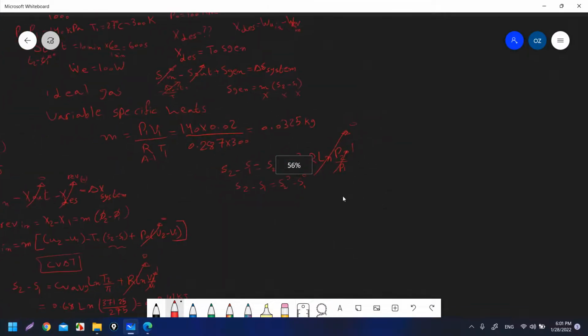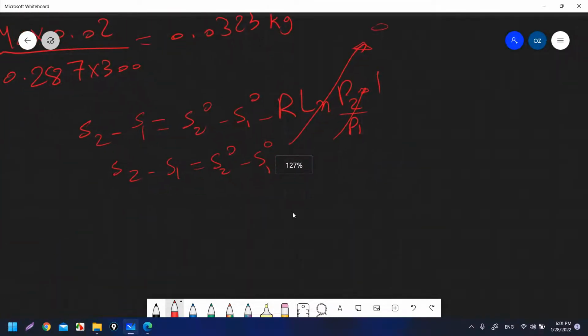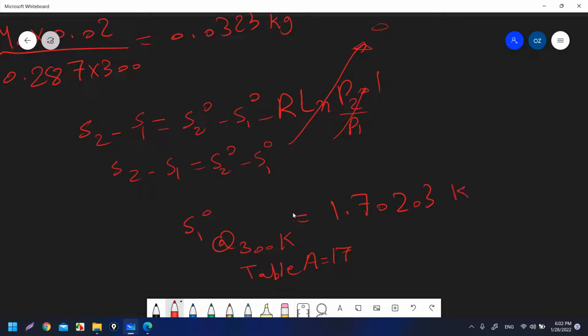So S1 naught at 300 Kelvin from table A17 is equal to 1.70203 kilojoule per kilogram Kelvin.